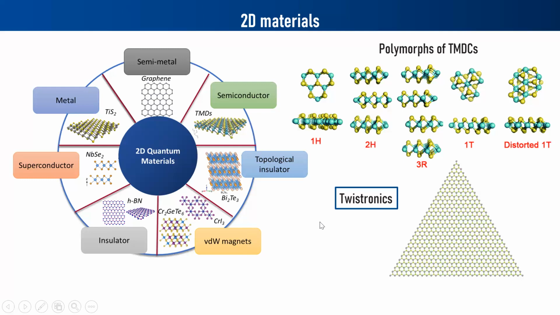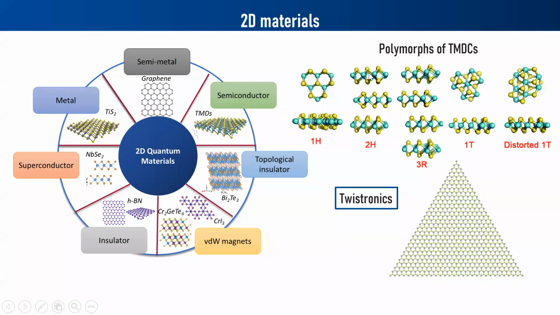And one of the important things, actually two of the important things that I will be talking to you about today, will be about the polymorphs of TMDs. So the interesting part about the transition metal dichalcogenides, this is the class of layered materials which actually have several different crystal structures. So you can have either the 2H phase or you have the 3R phase.